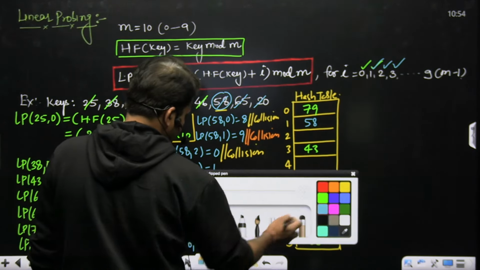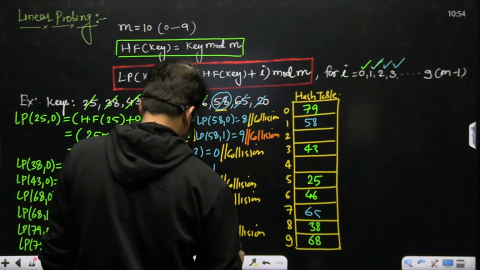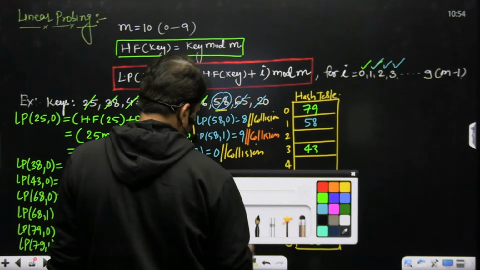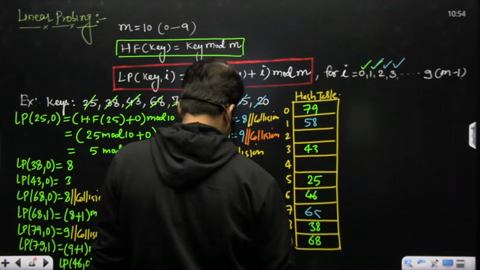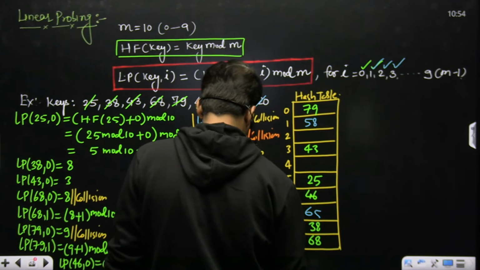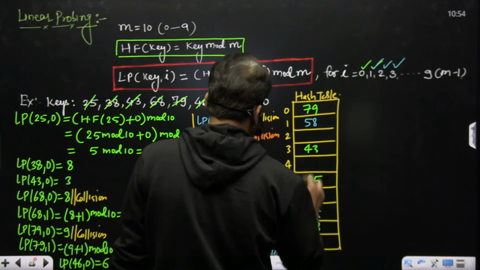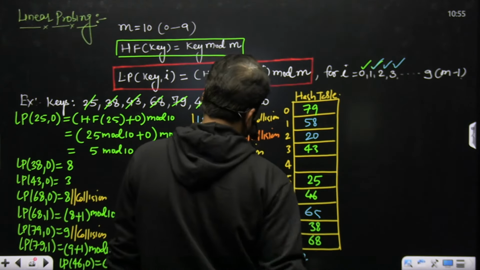So again collision at 1. And now linear probing 20 comma 2, it will give 2. So 20 comes at this position, right?